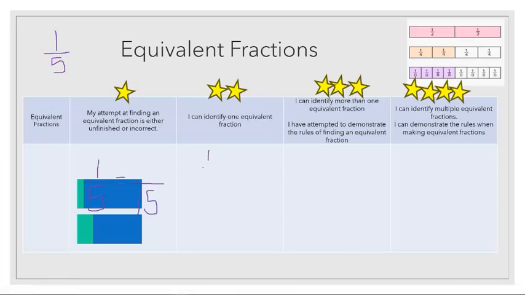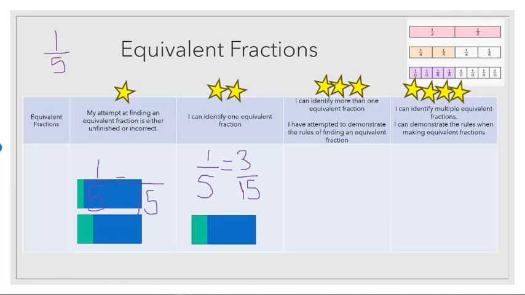On 2 star, we would be looking at something like this. You would be going 1/5 equals 3/15. Yeah, 1/5 equals 3/15. And in diagrammatic form, you would represent that over here. Let's do that. Oops, send that to the back. Oh, too far back. There we go.